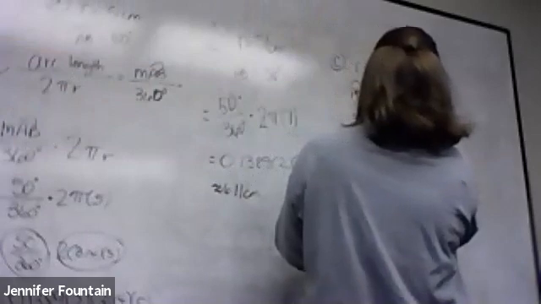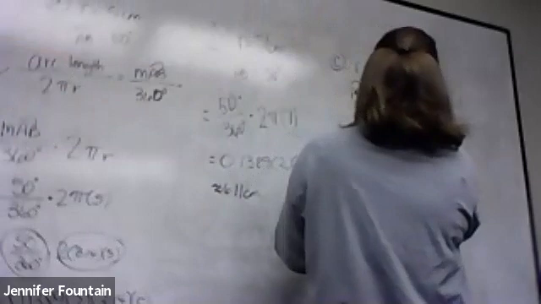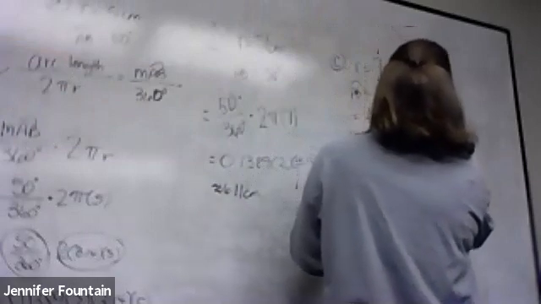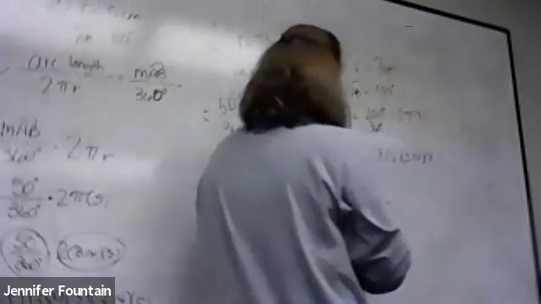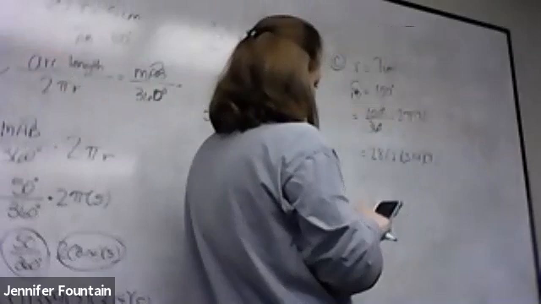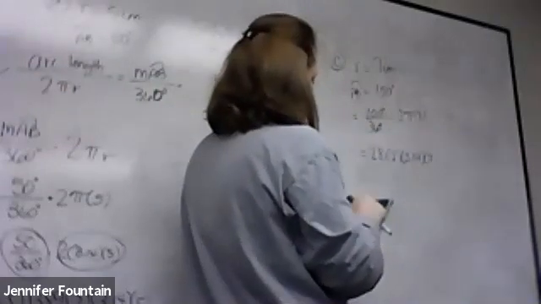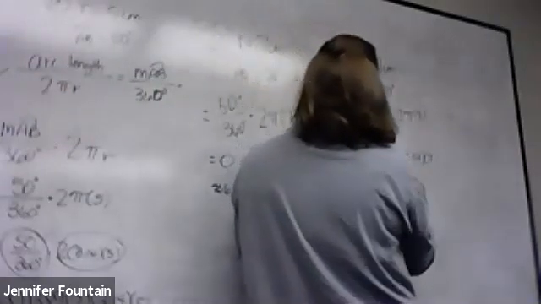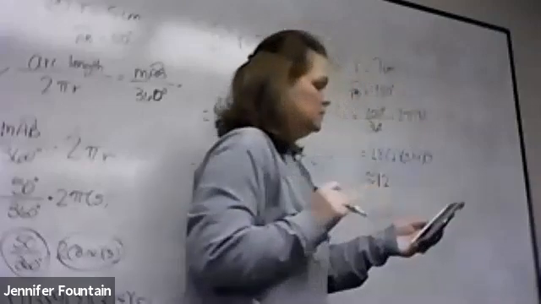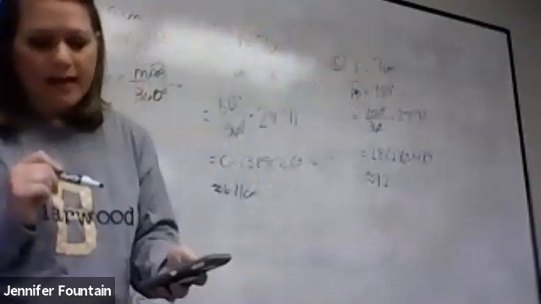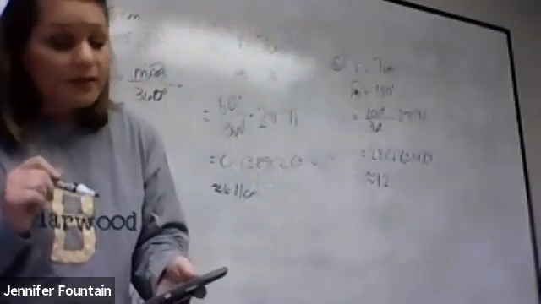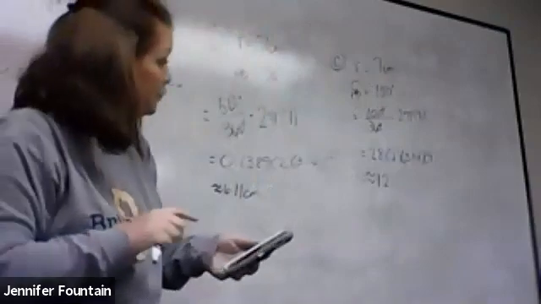So let's go 0.28 times 2 times 3.14 times 7. So 0.28 times 2 times 3.14 times 7 is approximately 12.308, so 12.31.